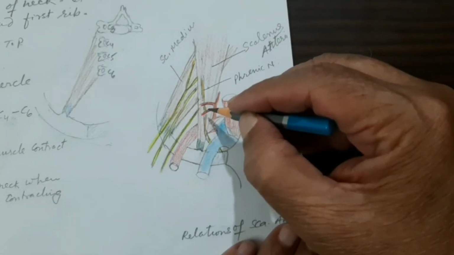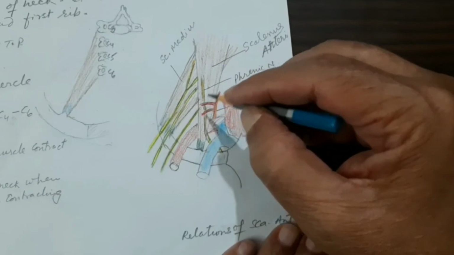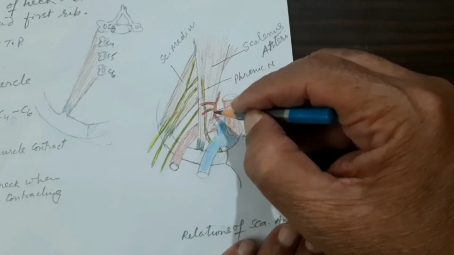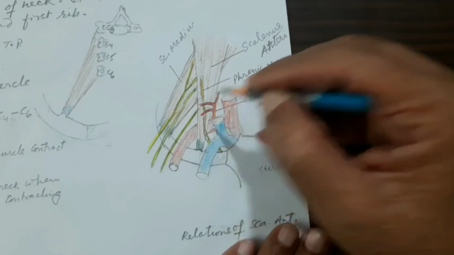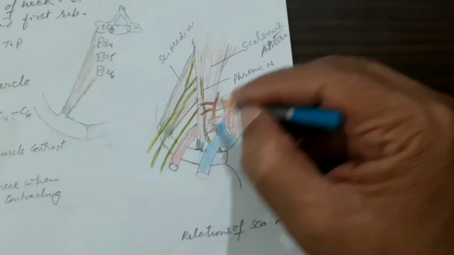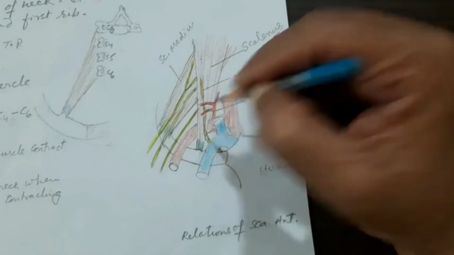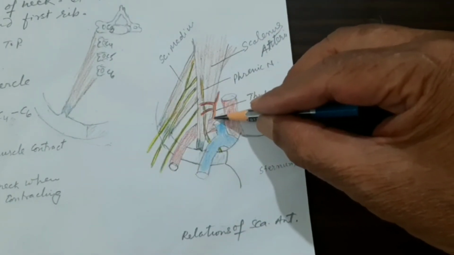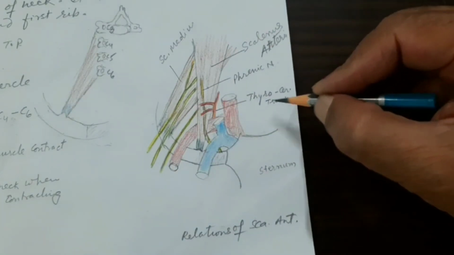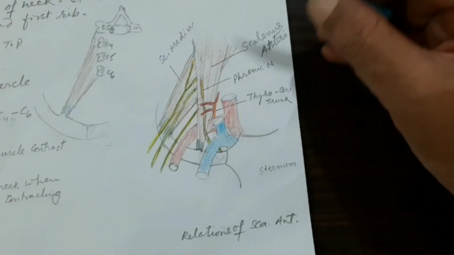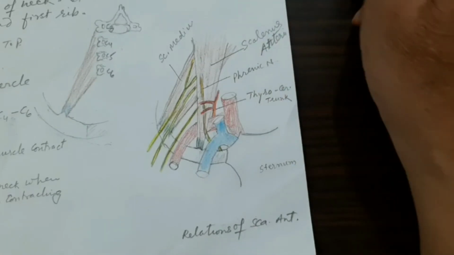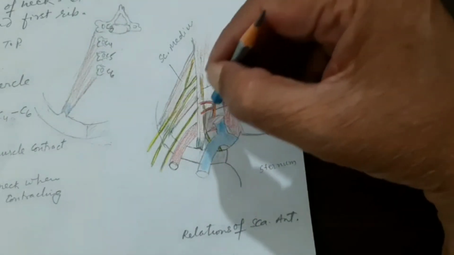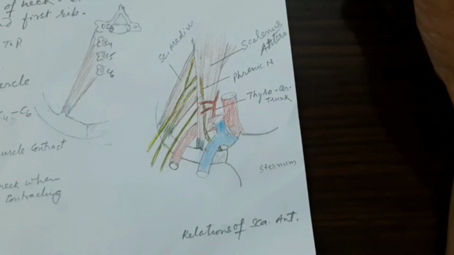So these two arteries which cross it anteriorly are the transverse cervical artery and the suprascapular artery; please note them down. They are the branches from the thyrocervical trunk, and the thyrocervical trunk mostly continues as the inferior thyroid artery, but that is not in anterior relation.